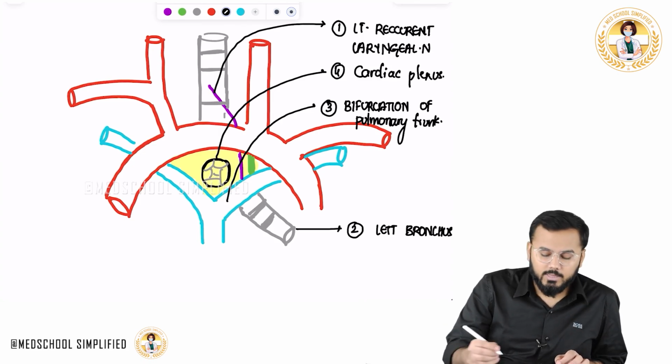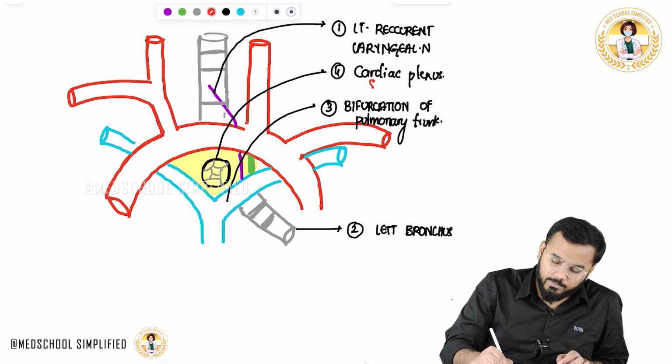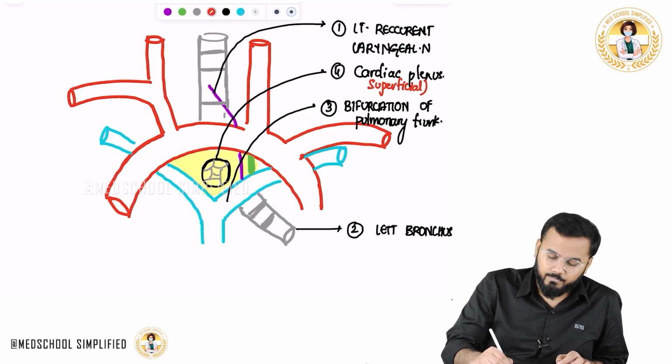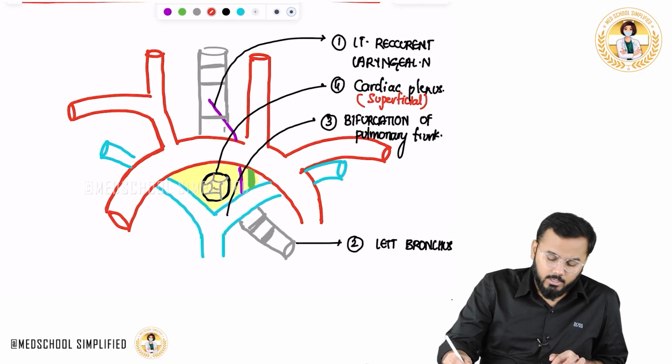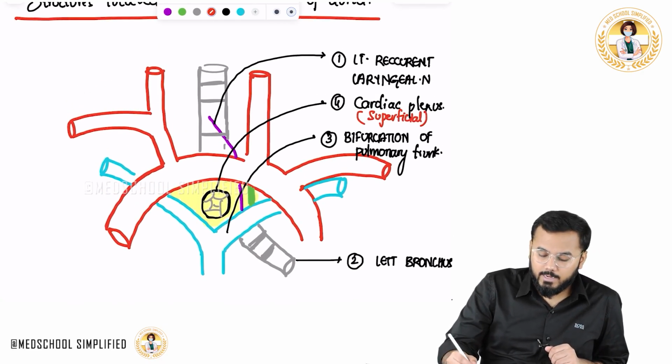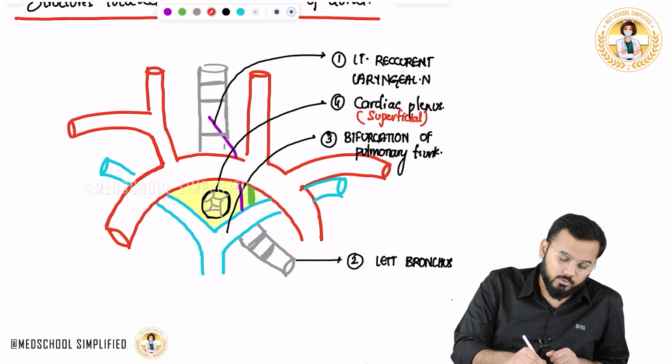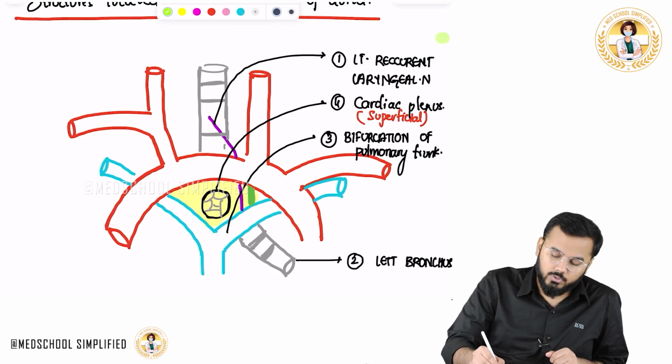Now in this cardiac plexus, is it superficial or deep? This is the superficial cardiac plexus. So what are the structures here? Left recurrent laryngeal nerve, cardiac plexus, bifurcation of the pulmonary artery, and the left main bronchus. So these are the structures which you can see here.